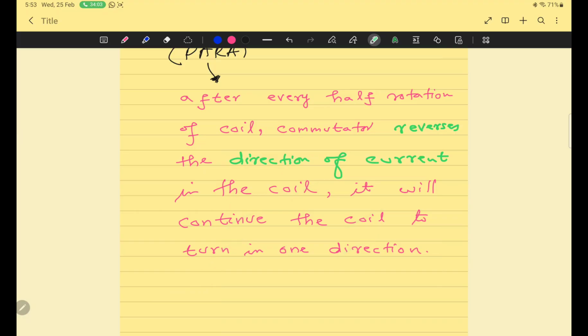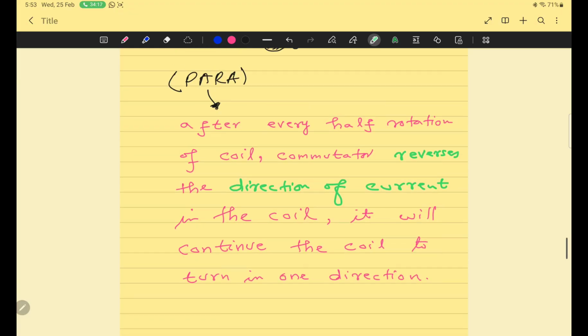If you remove the commutator, then the coil cannot complete rotation. Why? Because by reversing the direction of current, the coil keeps on rotating in one direction.